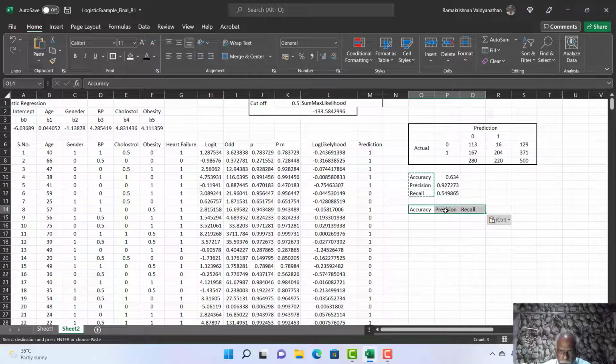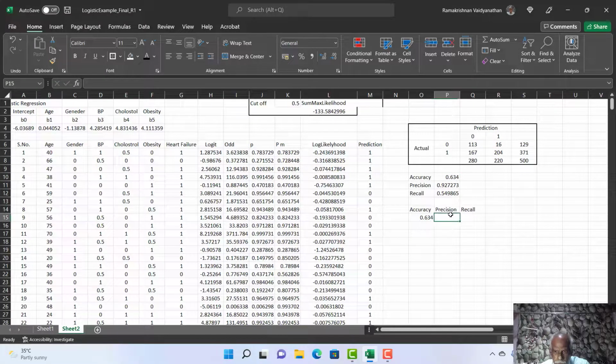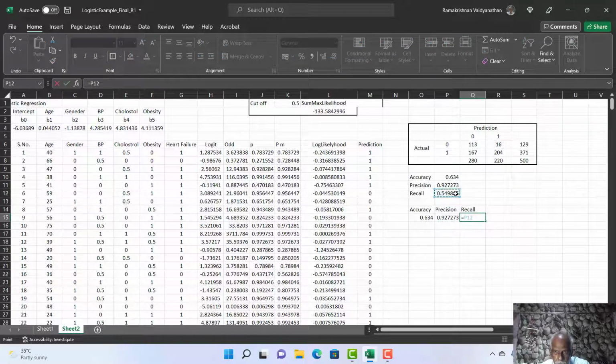So transpose paste, so it is pasted here. Now this is equal to 0.64 F4, this is equal to 0.92 F4, and this is equal to 0.3 F4.